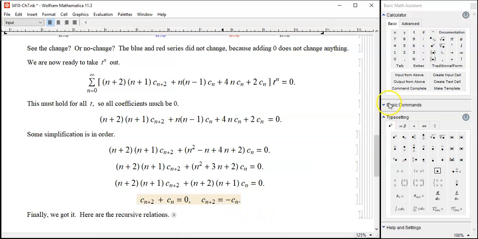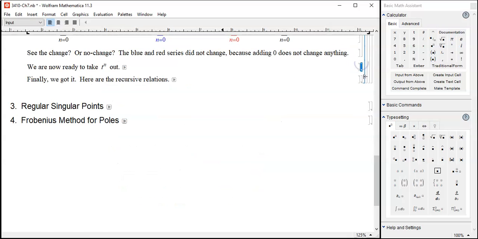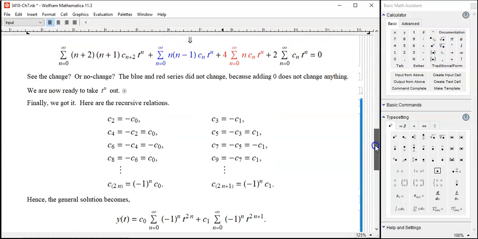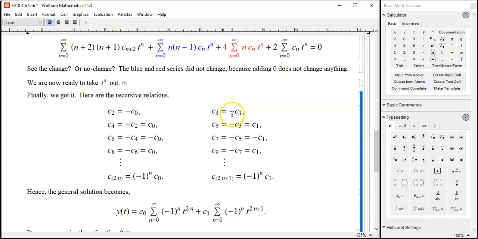Now that we have this recursive relation, we can find all those coefficients accordingly. Negative of c0, negative of c2, so positive of c0 again, and so on and so forth. We get just alternating sign, and same here, alternating sign. So for the evens, we have this.